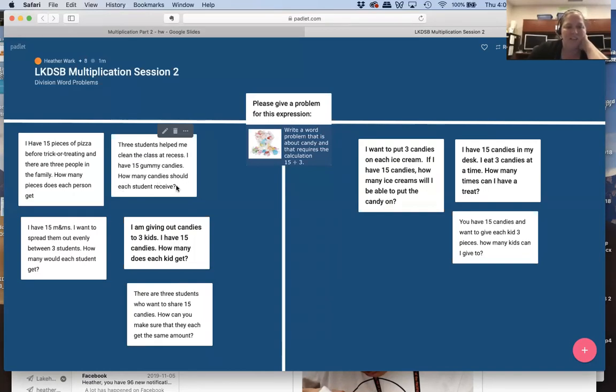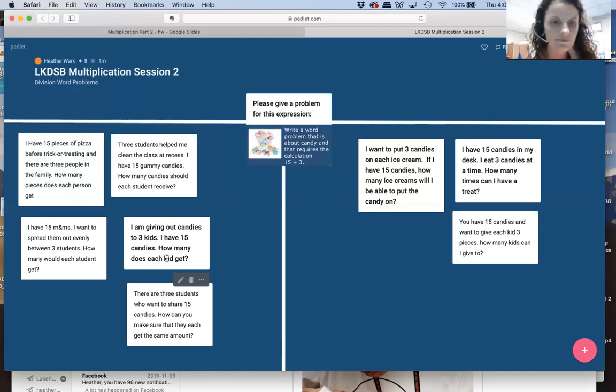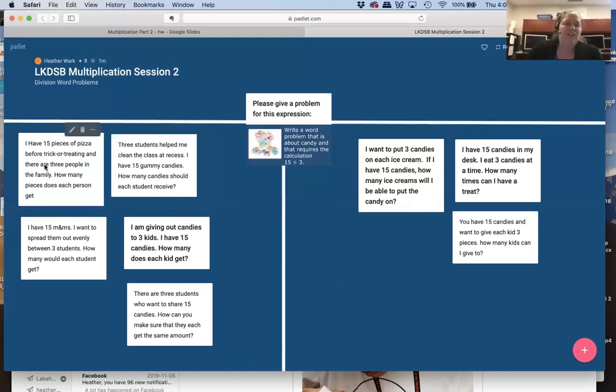How many candies should each student receive? I guess it depends on if you want to eat any yourself on that one. I have 15 M&Ms. I want to spread them out evenly between 3 students. How many would each student get? And then these 2 that we just put over here with the candies and the 3 kids. So these are all grouped together for a reason.